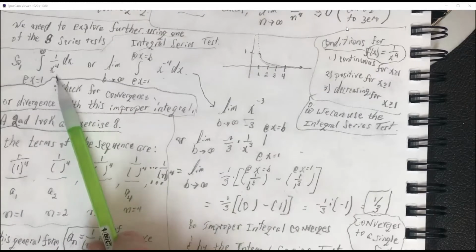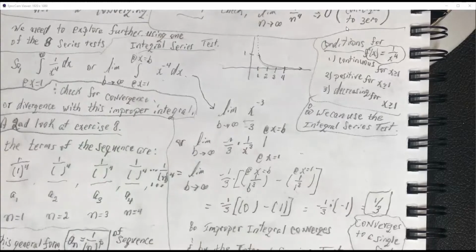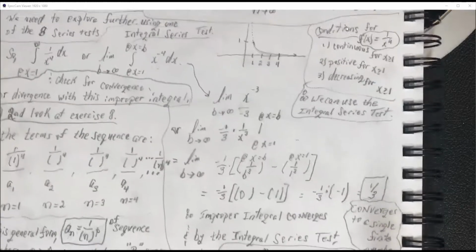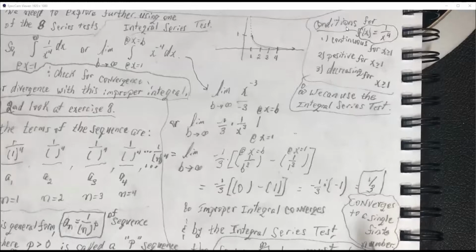So that means the improper integral converges, which means it is a single finite number, and it just happens to be 1/3. But all we really are worried about is that it converges, and therefore the improper integral converges.